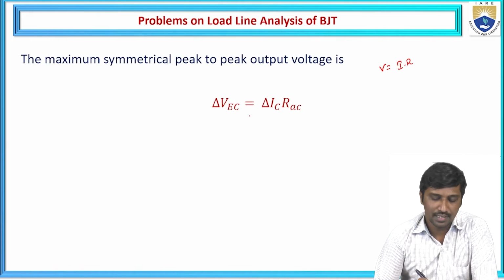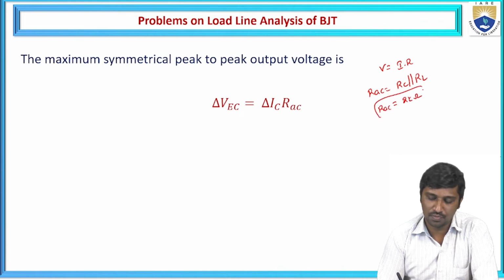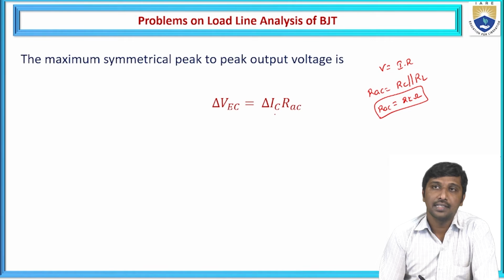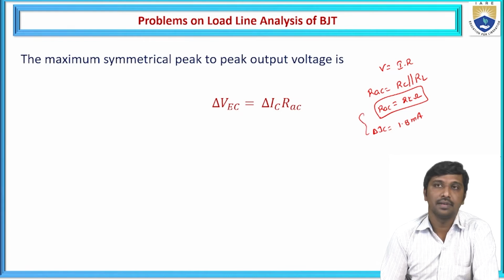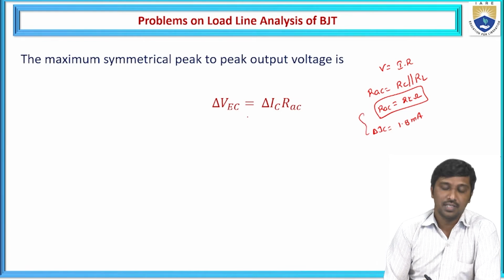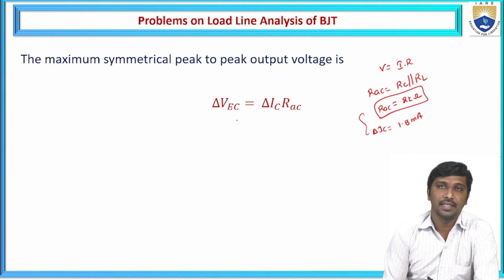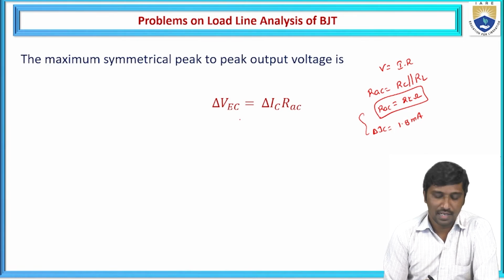This output voltage is related to the output collector current along with the AC resistance, which is the collector resistance in parallel with the load resistance. In our problem statement, the AC resistance is 2 kilo ohms, and delta IC we just got is 1.8 milliamperes. Using these two, we calculate the maximum peak-to-peak output voltage for the given common emitter amplifier circuit.